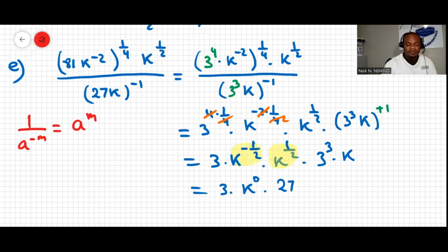Let's just leave it as 3 to the power 3 k. Here we have some base with the power 1, so we're going to say 3 to the power 4, because 1 plus 3 is 4, and then 0 plus 1 is just 1. So 3 to the power 4 times k to the power of 1, which is just 81k. Okay.